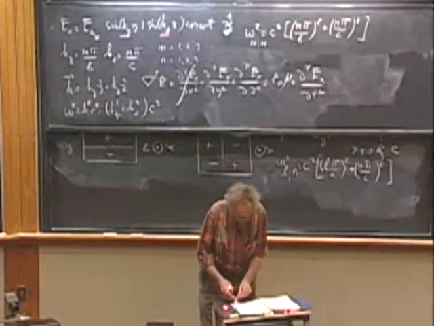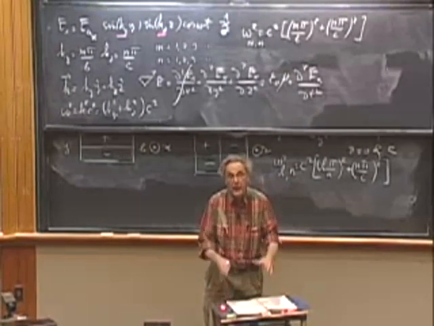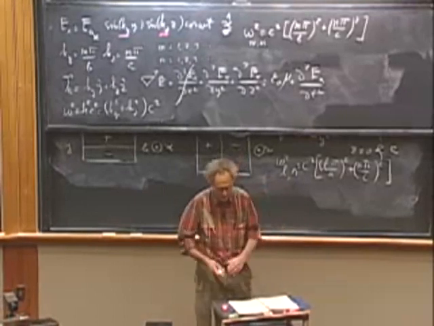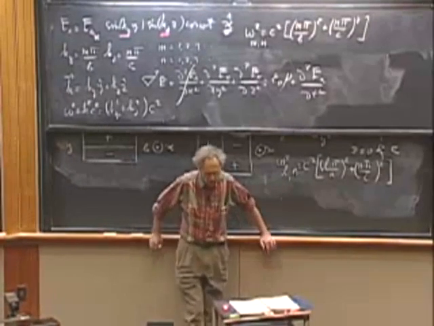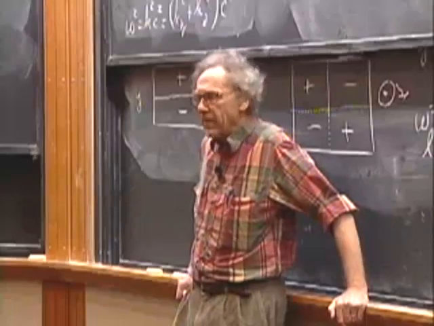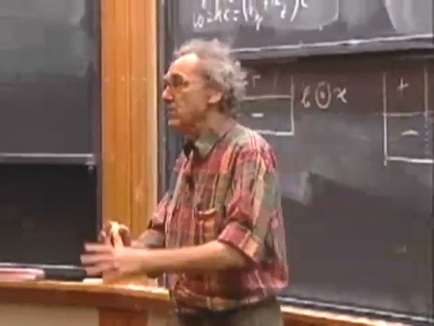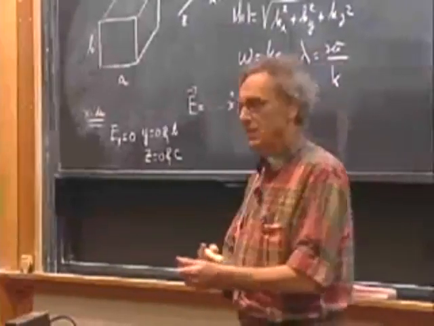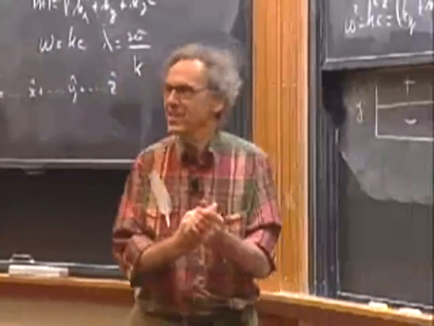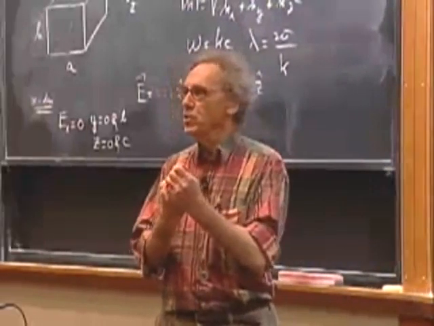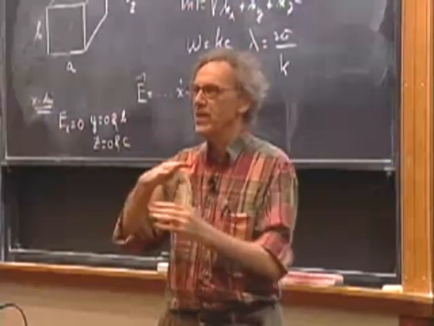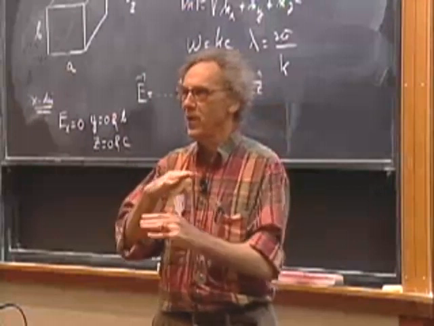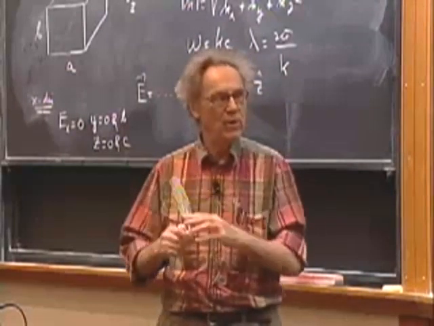Any linear combination of those would be fine, but it is also possible that I have an E vector which has a component x, y, and z, and that simultaneously all boundary conditions are met, so I don't just radiate linearly polarized radiation only in the x direction or only in the z direction.